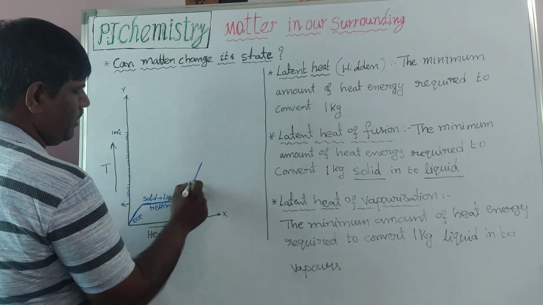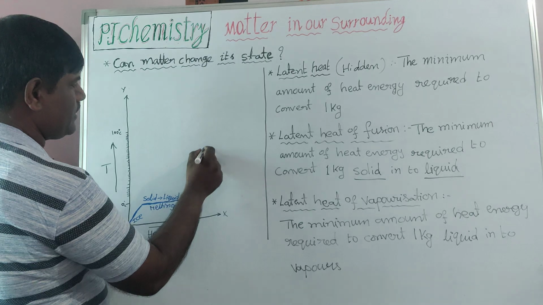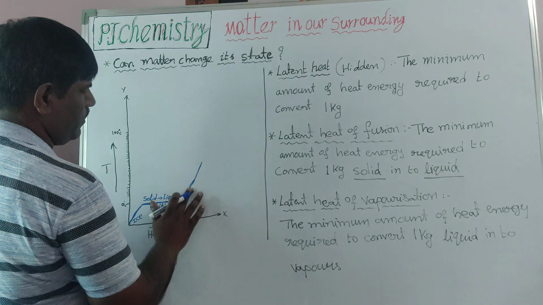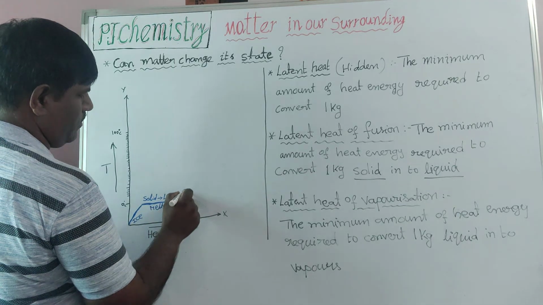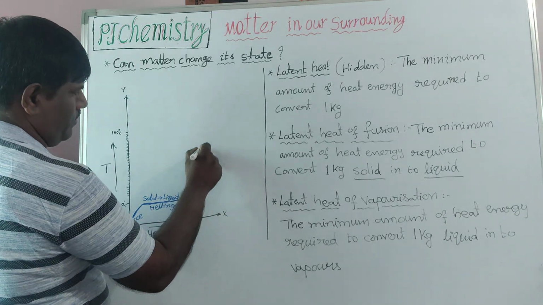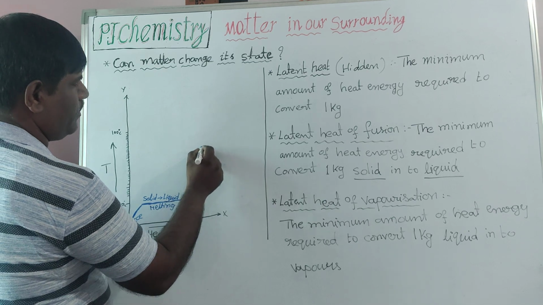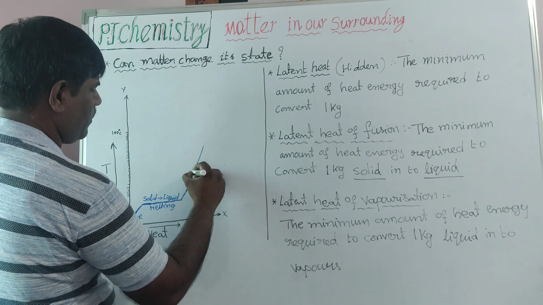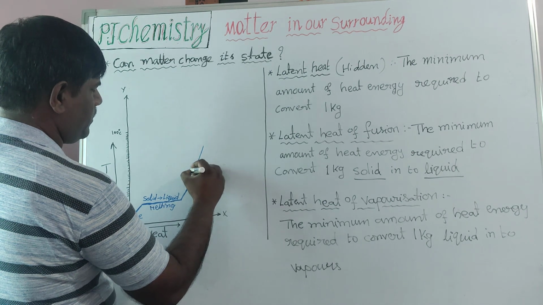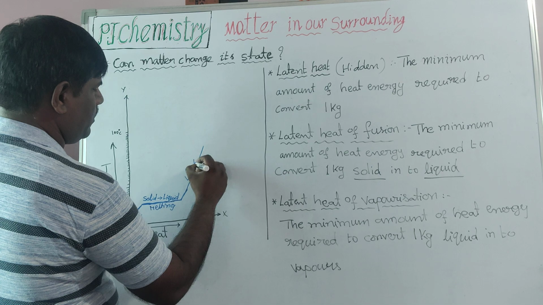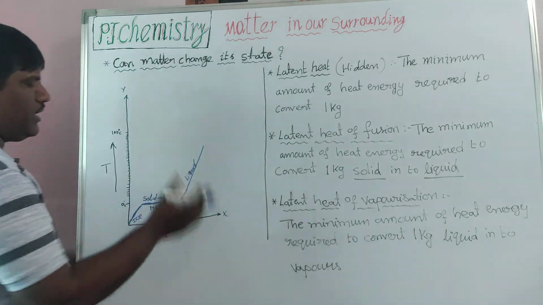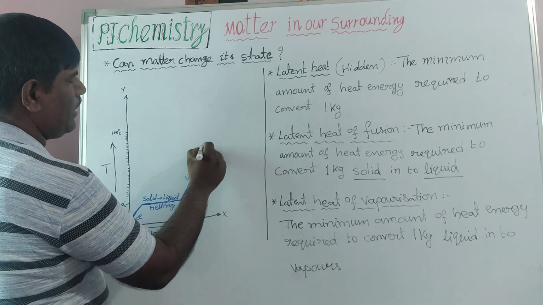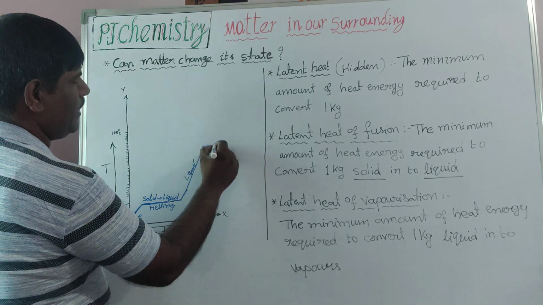Once all the molecules reach 100 degrees Celsius, we notice it is all liquid. Liquid molecules absorb heat, and every surface molecule gets equal heat. Overall, all the molecules are at 100 degrees Celsius.